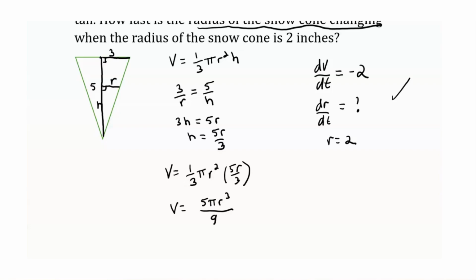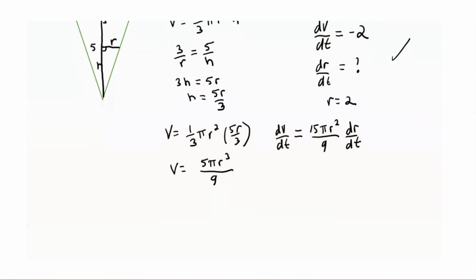Okay, so I'm going to work left to right. The derivative of V with respect to t is dV/dt. The derivative of 5 pi r cubed over 9 would be 15 pi r squared over 9, and then it's implicit, so we would have a dr/dt. Now at this point, I'm going to sub in my values.